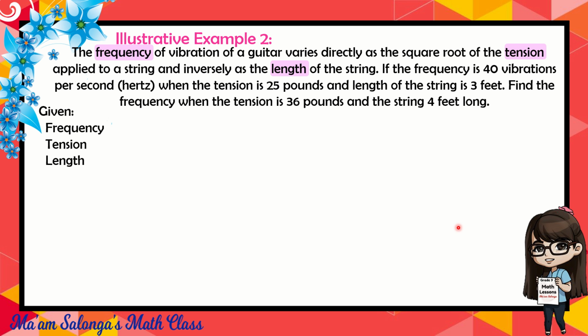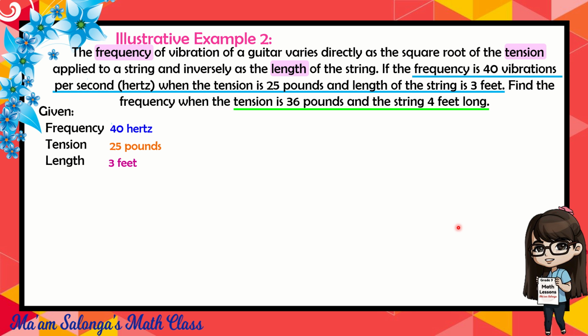So by the given, let's take note of all the givens. The frequency is 40 hertz when the tension is 25 pounds and the length of the string is 3 feet. Then find the frequency. So the unknown here is the frequency of vibration of a guitar when the tension is 36 pounds and the string is 4 feet long.